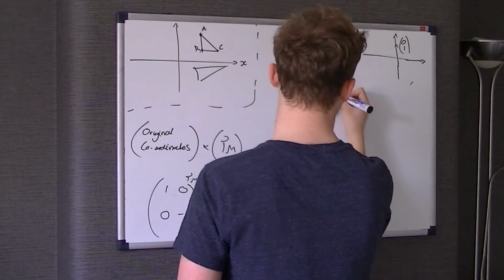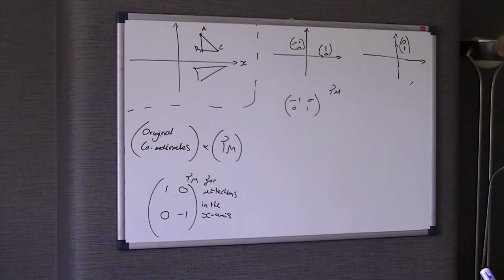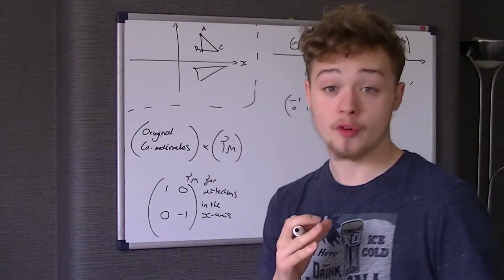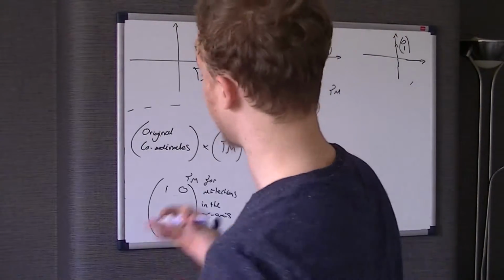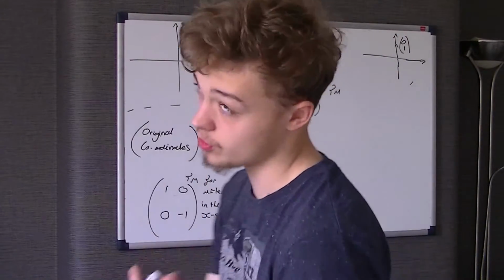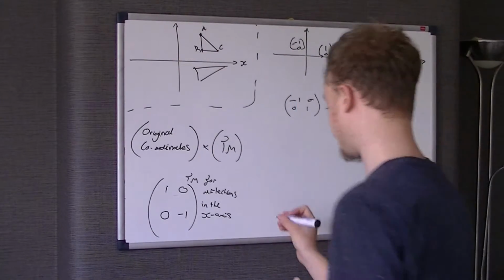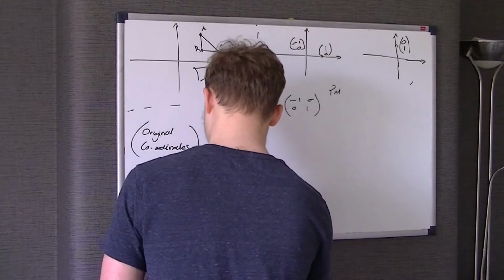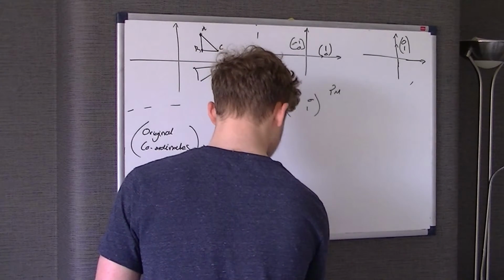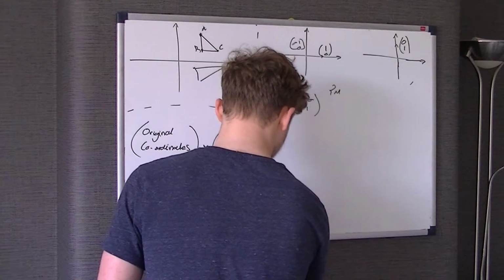So the transformation matrix is minus 1, 0, 0, 1, for when you're reflecting the shape in the y-axis. I'm going to write that down.